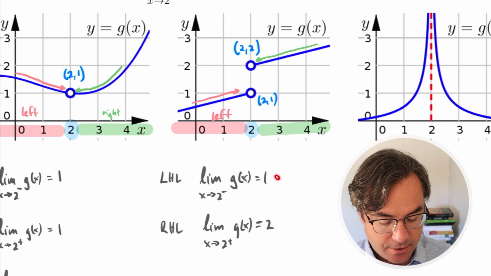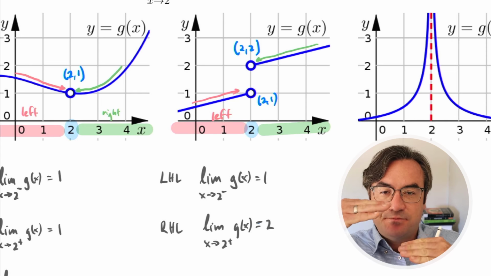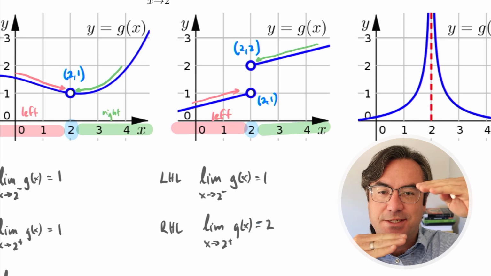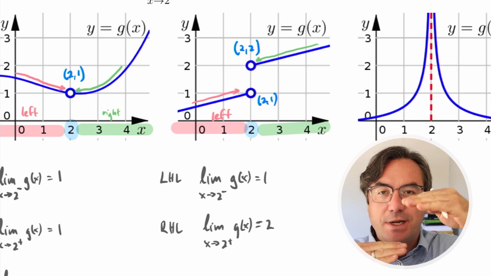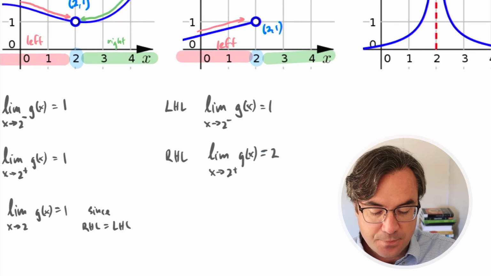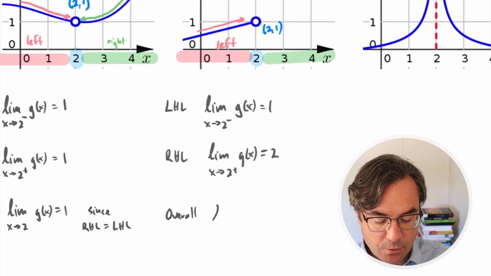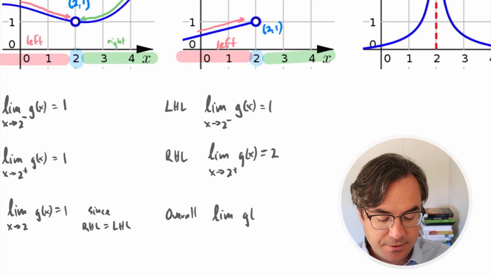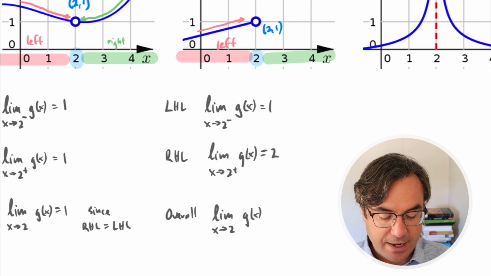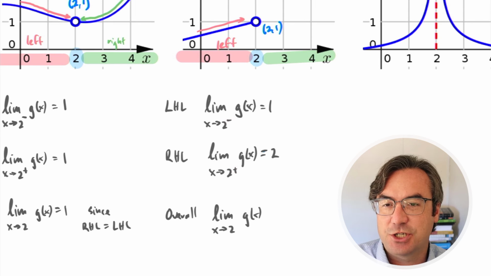And what's happening here is the left side and the right side of our graph don't match up. We're going in two different places. The left side wants to go one place, the right side wants to go somewhere else. So when this happens, for our overall limit where we don't specify a direction, the limit as x approaches 2 in general, these little minuses and pluses are like directions.